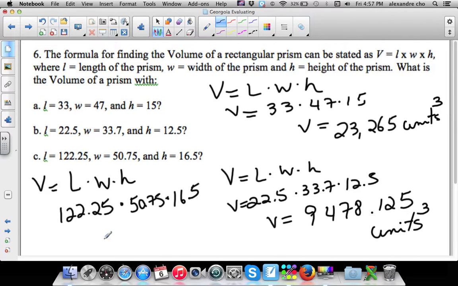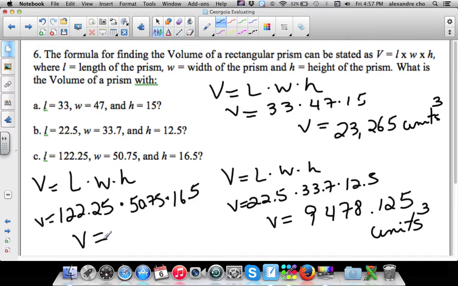Wow, it's going to be some ridiculous number. 122.25 times 50.75 times 16.5.